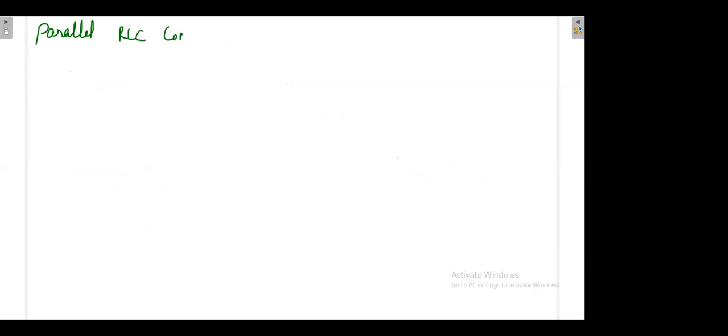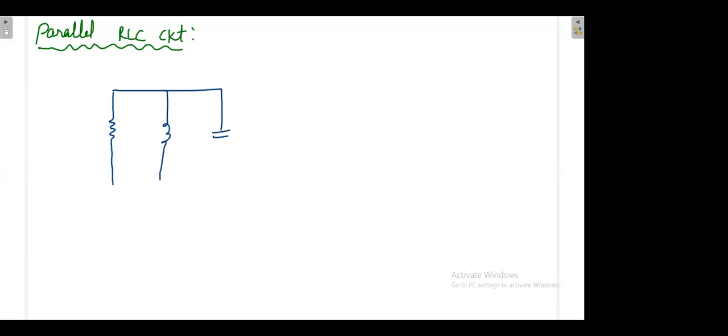Parallel RLC circuit, with a source voltage.